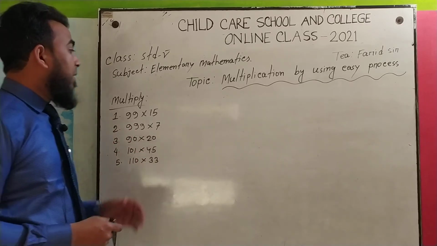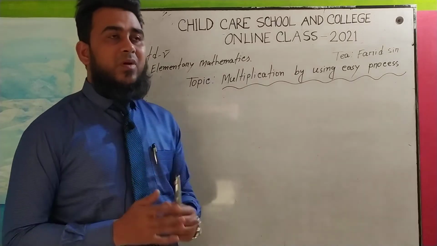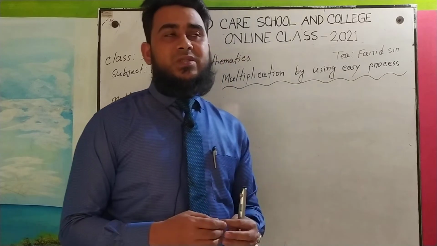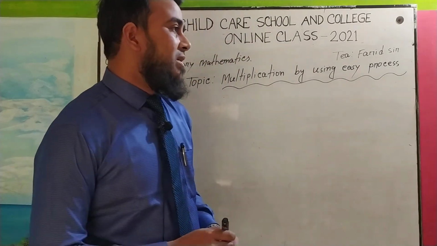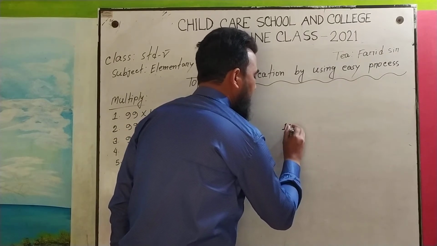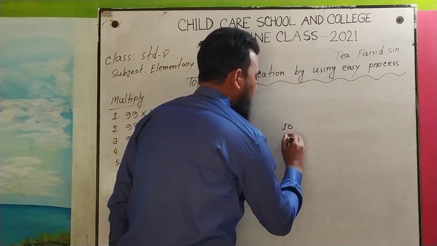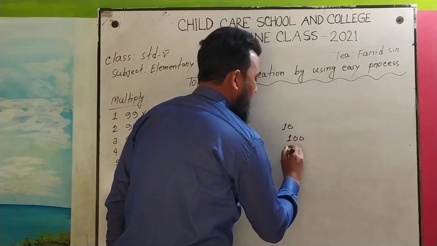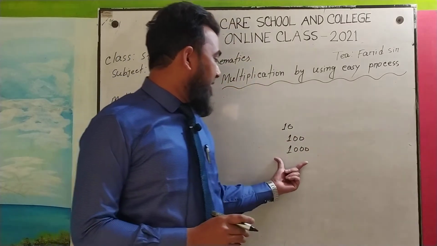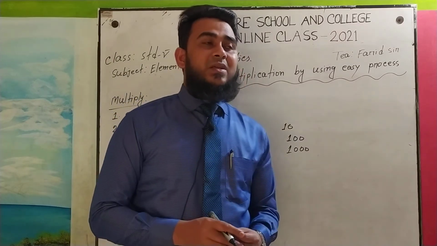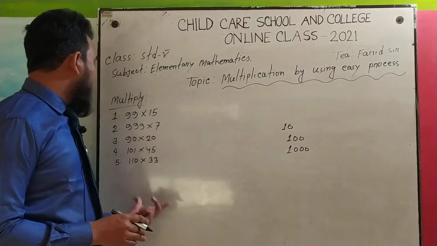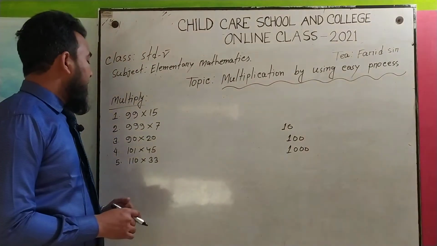Dear learners, we know there are some round figures, for example 100, 1000, 130. These types of numbers we call round figures, and to complete this math we have to use them.